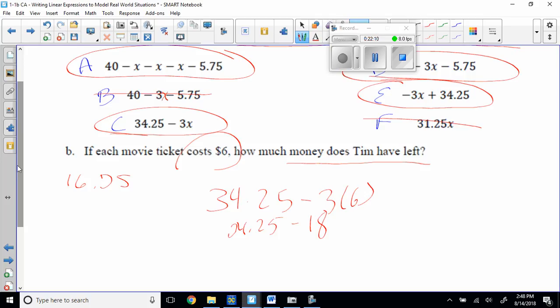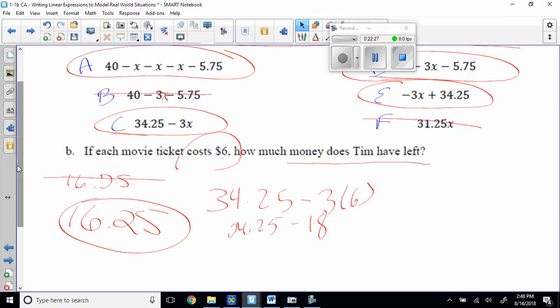We just substitute 6 in for x. Is it 16.25 or 16.75? 25. Yes. Ladies and gentlemen, that's all you've got to do. Take the expression that simplified the least, and plug 6 in for x.